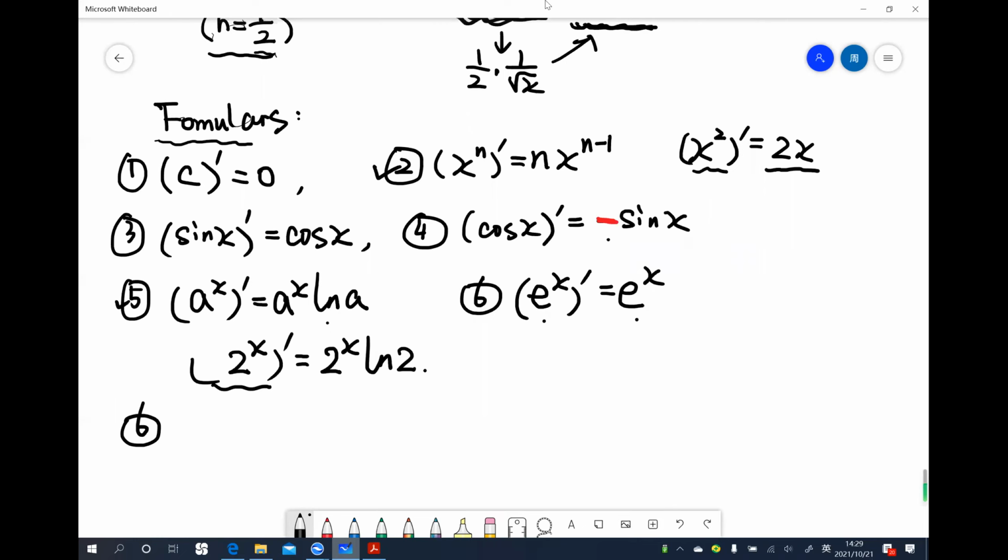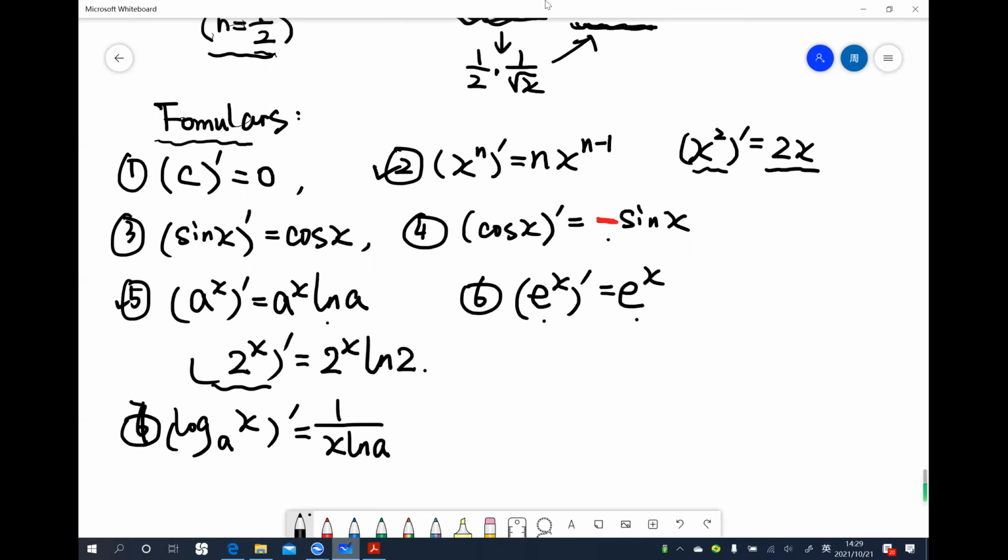And number 7, that is the log function to the base a of x. Here, the prime equals 1 by x times ln a.